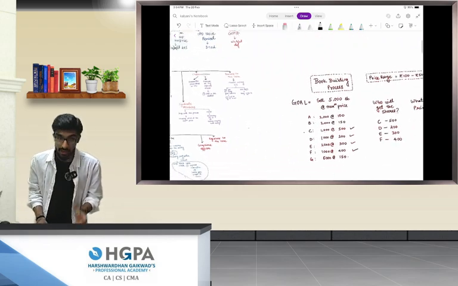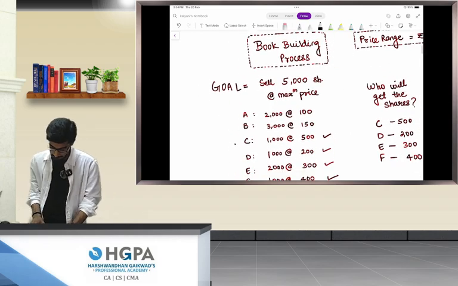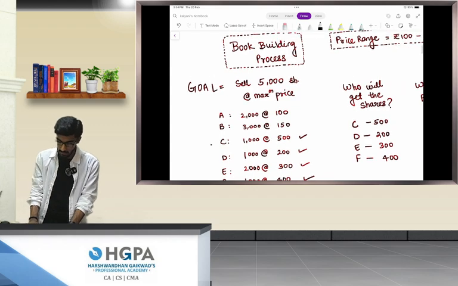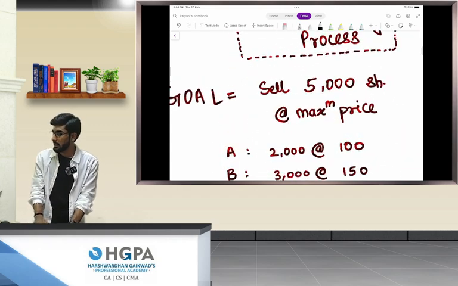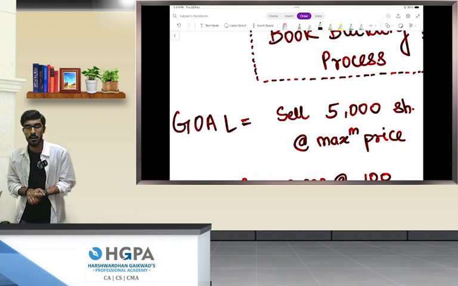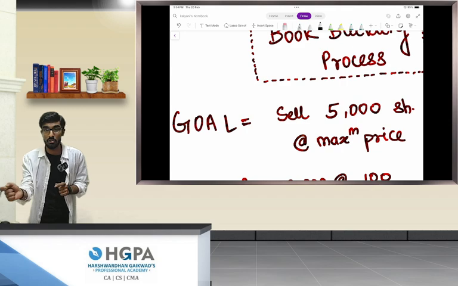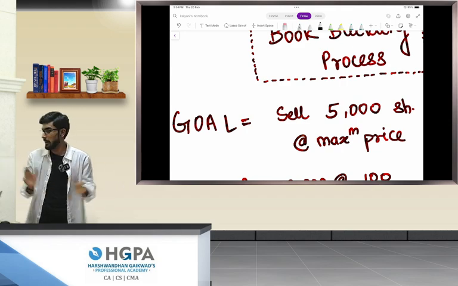Now let's understand the book building process. People, tell me one thing. Lenskart wants to sell 5,000 shares at the maximum price. Now we are required to find out the price which is beneficial for Lenskart and also beneficial for shareholders. Let's find out.